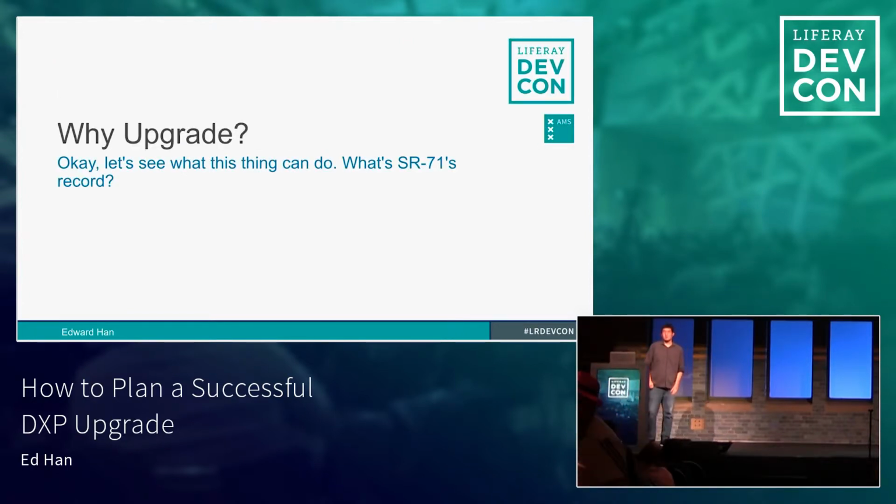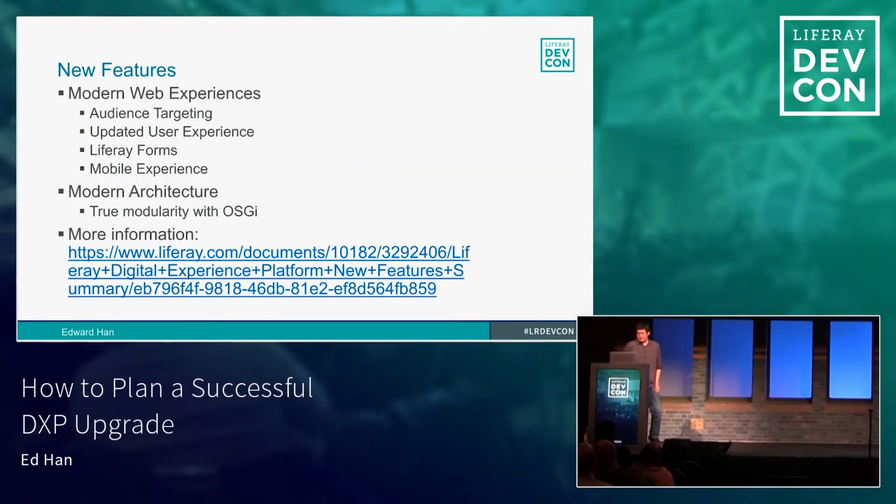So the first question, why upgrade? So there's quite a bit of documentation on this on the Liferay website, but from a high level, there are two main categories. First of all is our modern web experience and user experience.